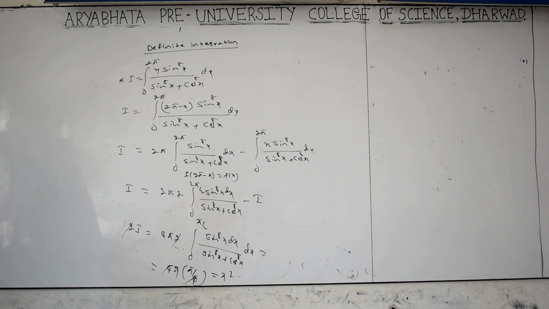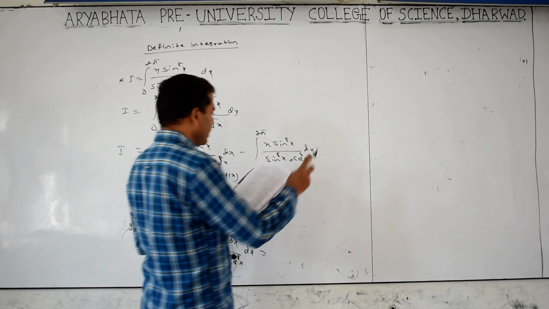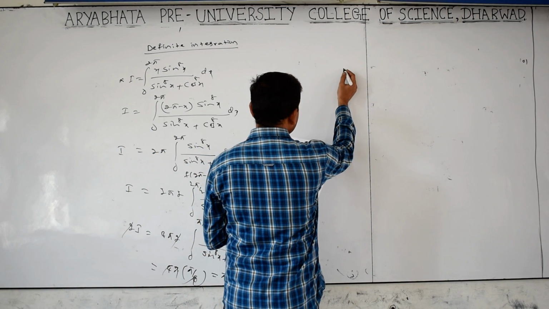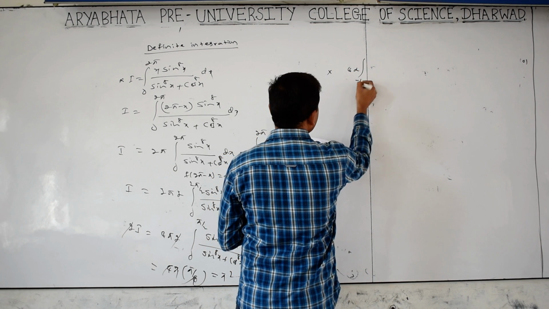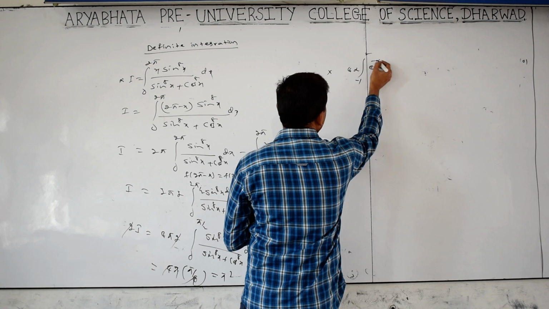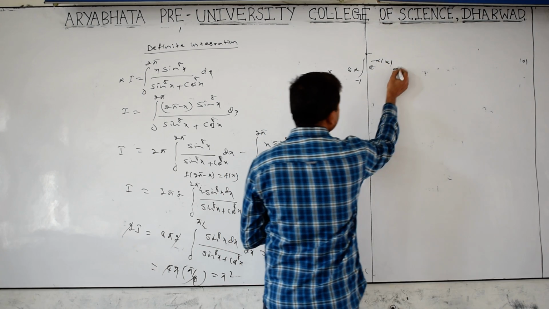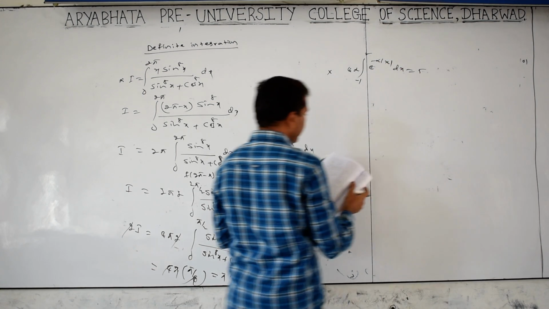Then I am giving homework, you try it yourself. Find the alpha value for which the integration from minus 1 to 2 of e power minus alpha mod x dx equals 5.